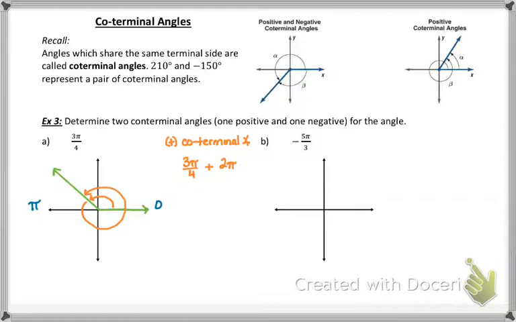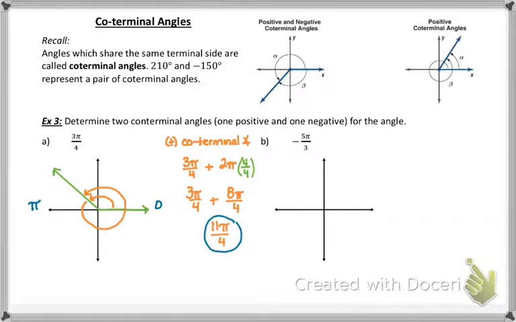So again, I need a common denominator in order to add and subtract fractions. So I'm going to multiply the 2 pi by 4 over 4 to get a common denominator of 4. So that's going to give me 3 pi over 4 plus 8 pi over 4. So that's going to give me 11 pi over 4 as a positive coterminal angle.